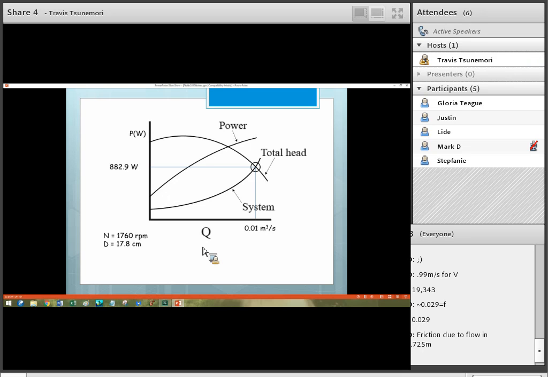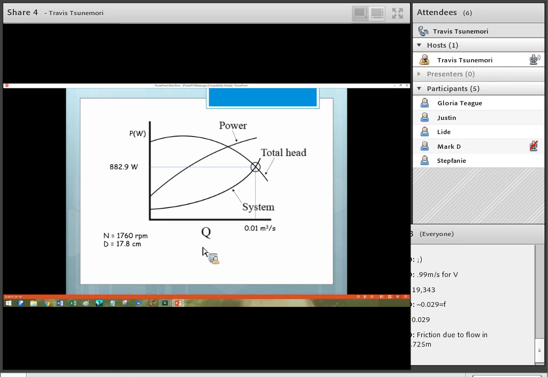What we really want to do is to map the new pump on the same system curve. So the first thing we're going to do is find the operating point of the original pump on this system. So you'll have to plot your system characteristic curve onto your pump curve. Then we can read off all the parameters that we need.